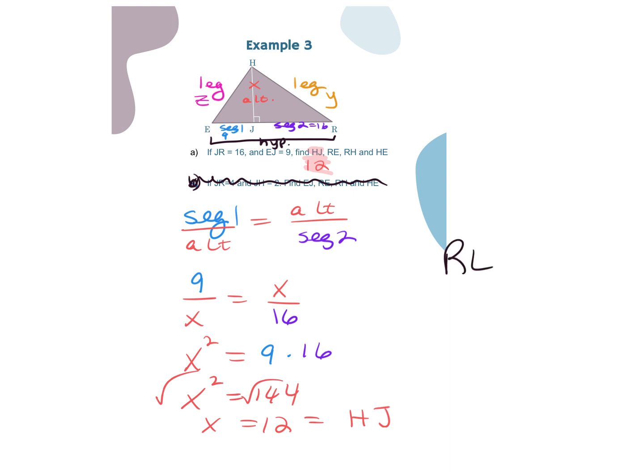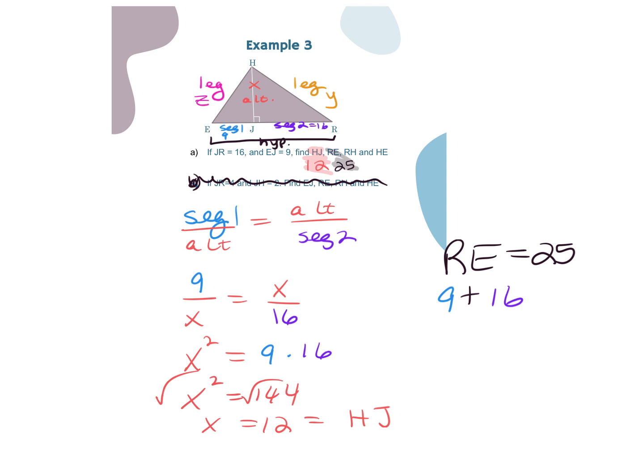All I have to do is add segment 1 plus segment 2, and I get the length of my hypotenuse. Once I add that, I get the length of the hypotenuse to be 25. So RE is 25.